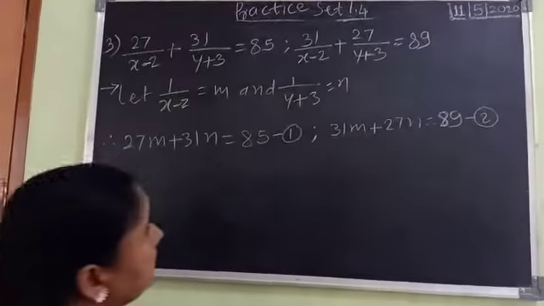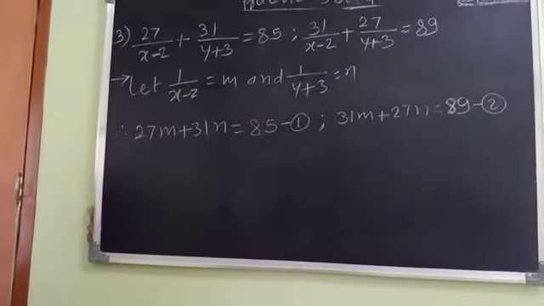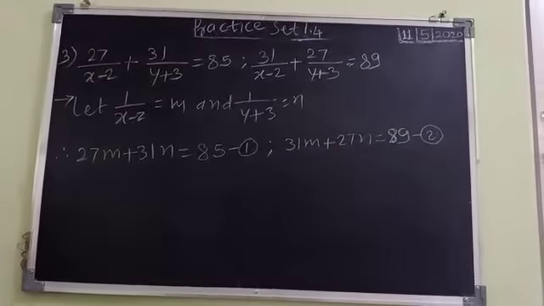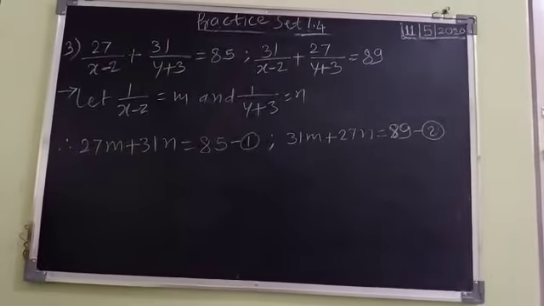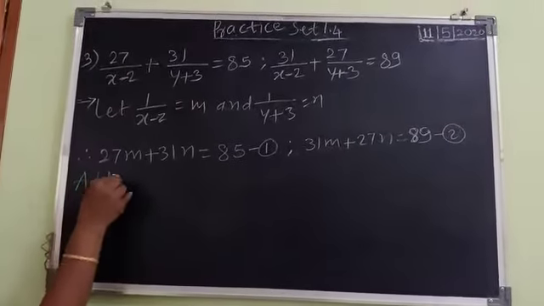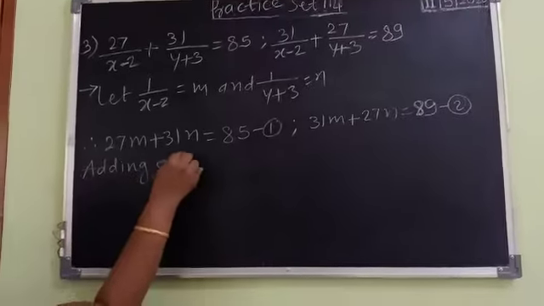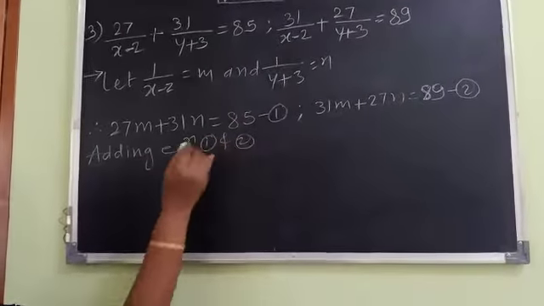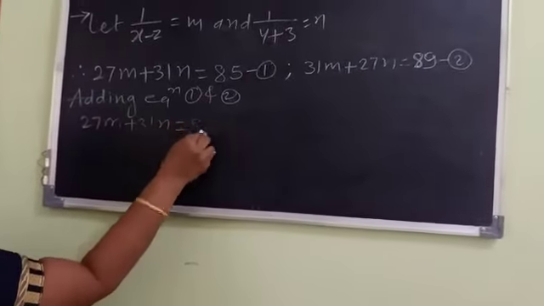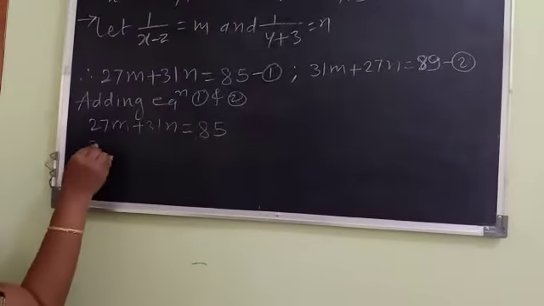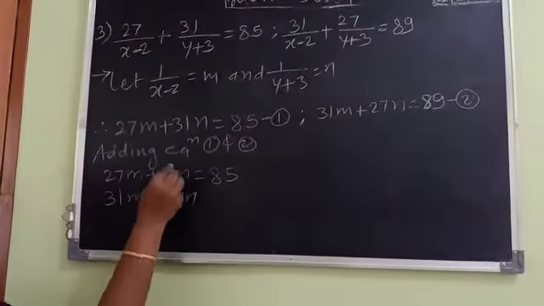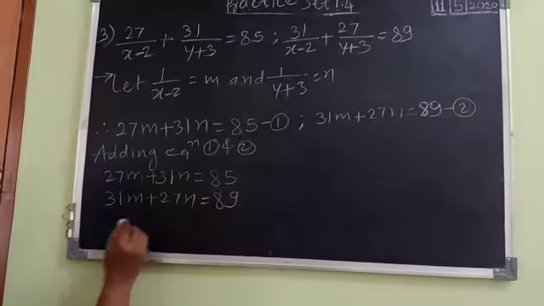And we all know the method of solving this type of equations. That is, firstly we have to add these two equations, and once subtract the equations, get the two more equations and solve them. So here, adding equation 1 and 2. What we get? 27m plus 31n is equal to 85. 31m plus 27n is equal to 89.